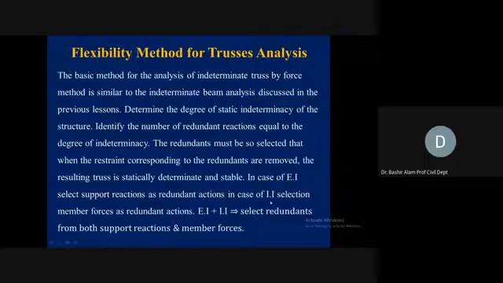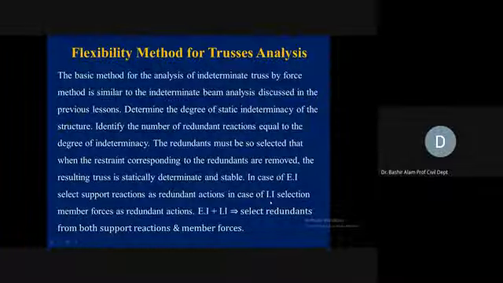So in case of internal indeterminacy, we select the member forces as redundant actions, and how the structure is made internally determinate: we cut that member. We release the member force.